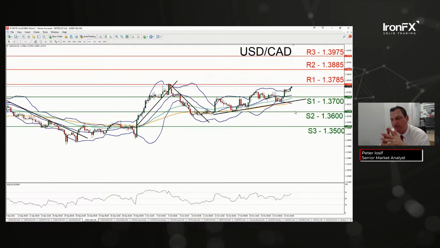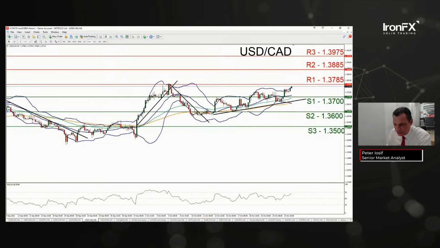And that would be driving USD CAD substantially lower. Once again, for the time being though, on a technical level, I'm highlighting here a bullish outlook. I think it's pretty clear. And I would expect the pair to break the 1.3785 and start aiming for the 1.3885, which would be up around 100 pips higher.